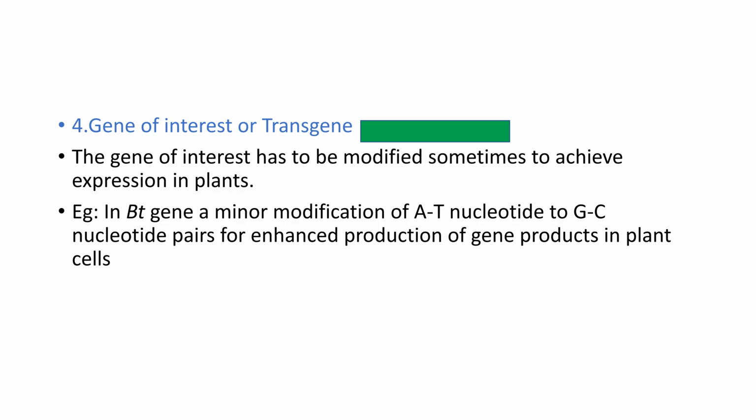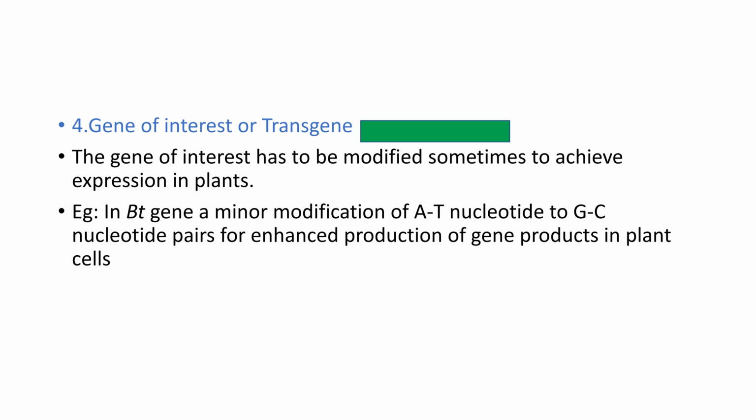Now, here, the Bt gene is for insect resistance, is of bacterial origin, and it has a higher percentage of AT nucleotide pairs compared to the plants, which actually prefer GC nucleotide pairs.